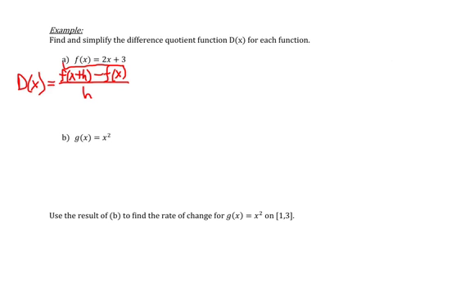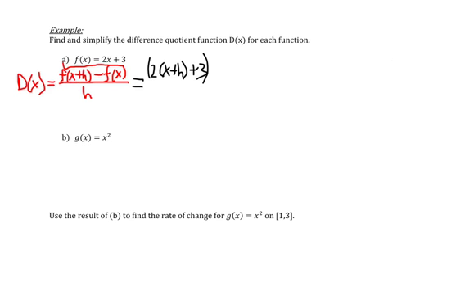So let's substitute here. f of x plus h just means we're going to take x plus h and put it in the function. Everywhere there's an x, we're going to put x plus h. So we have 2 times x plus h, plus 3. I'm going to put parentheses around that because that's this first part.